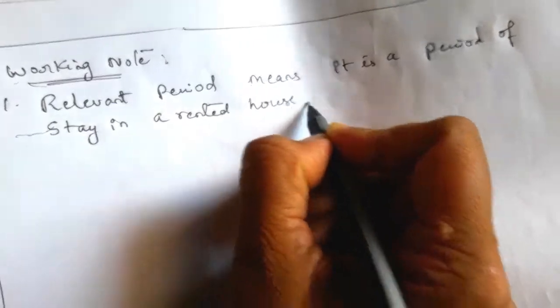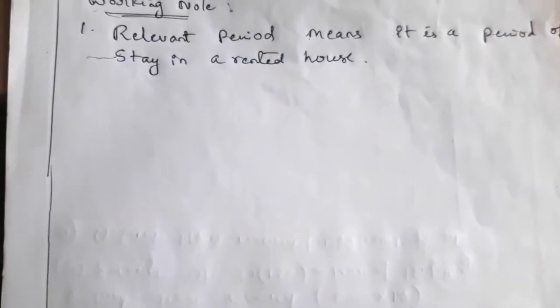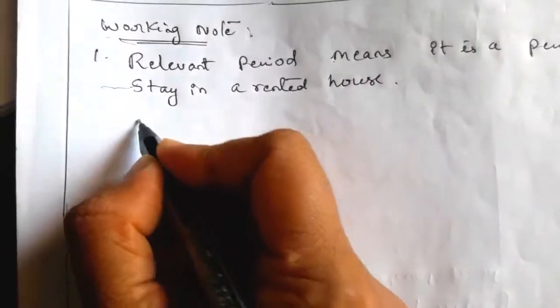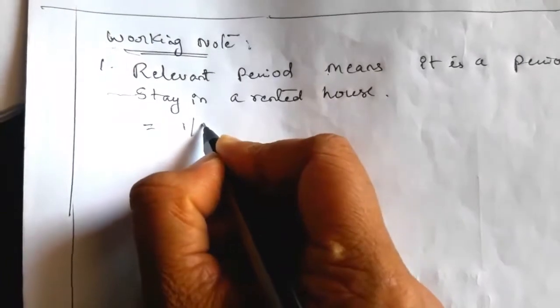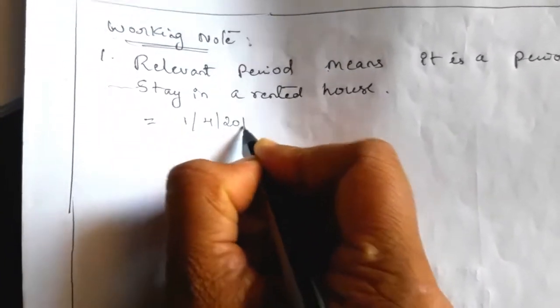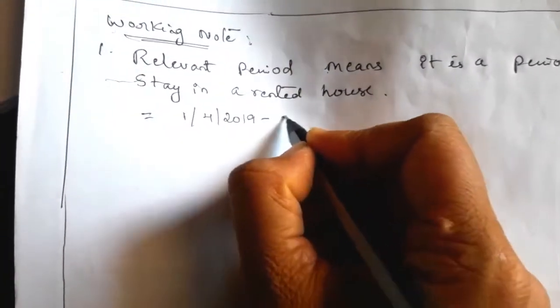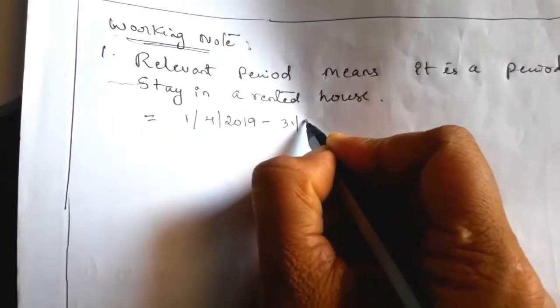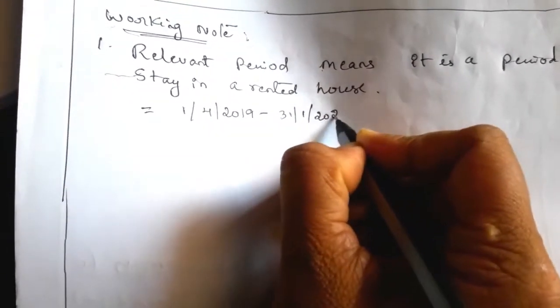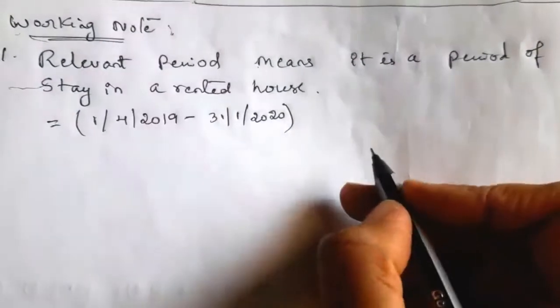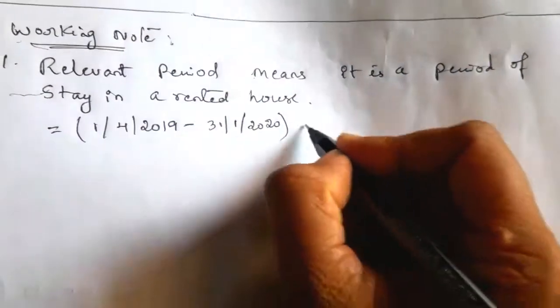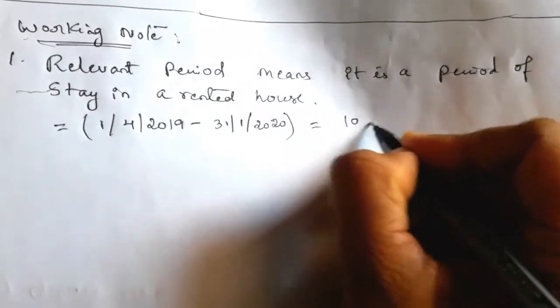So how many months did he stay in a rented house? That is 10 months, from 1st April 2019 till 31st Jan 2020.